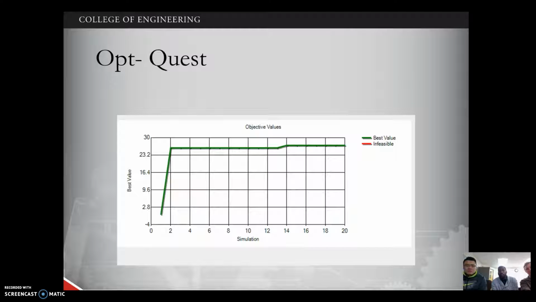Here we have our OptQuest simulation showing what happens if you add one receptionist, not one receptionist, one hygienist. As mentioned, we added one hygienist and one dentist to see if maybe it can cause a more efficient process.